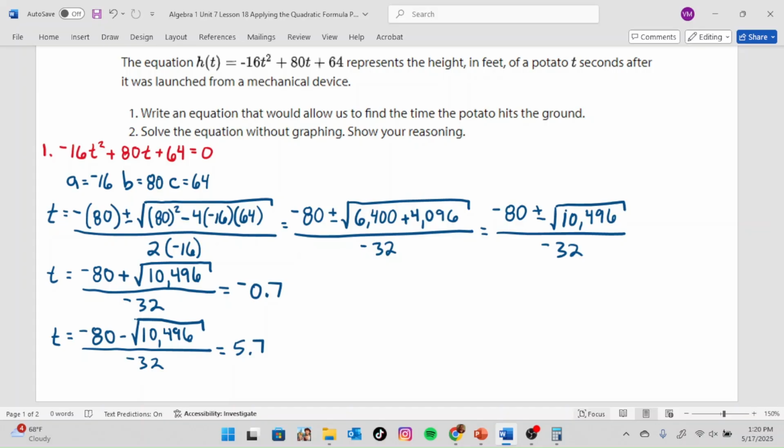So the negative one would say that the potato hits the ground before it's launched, and this doesn't make sense.